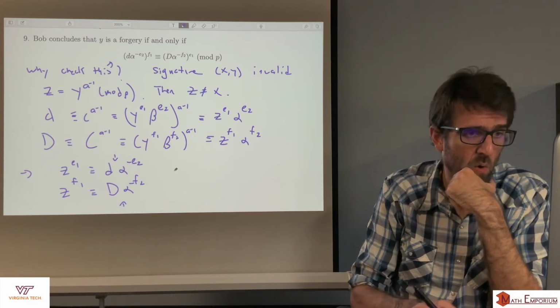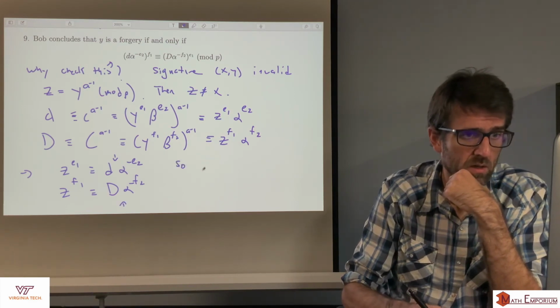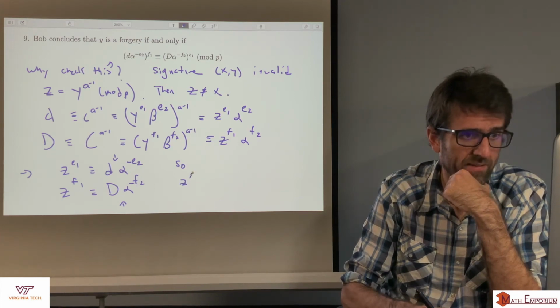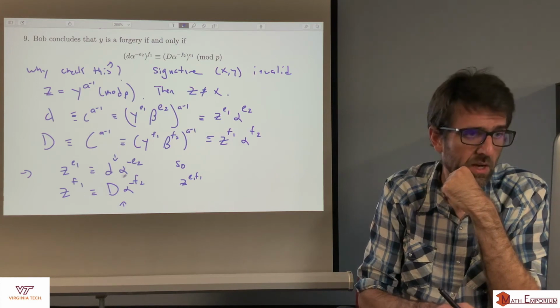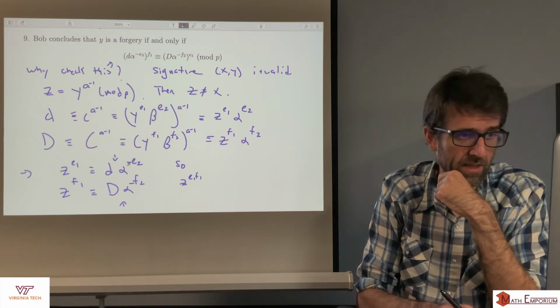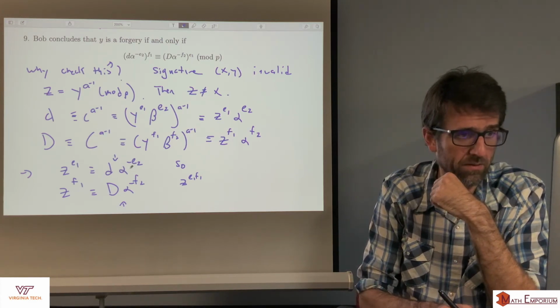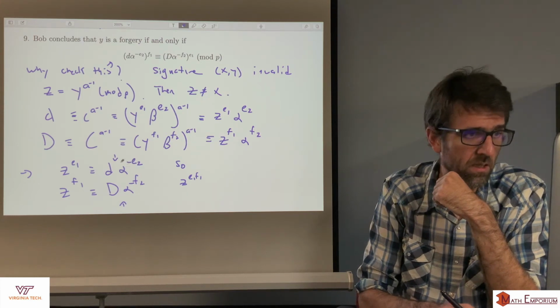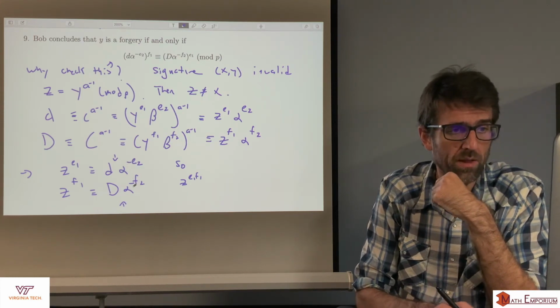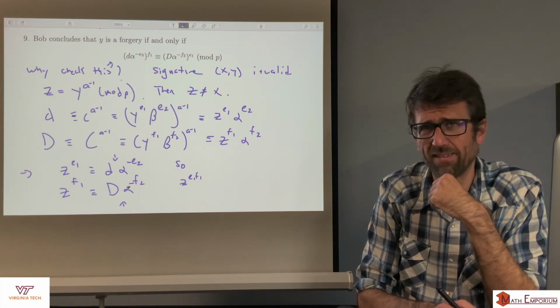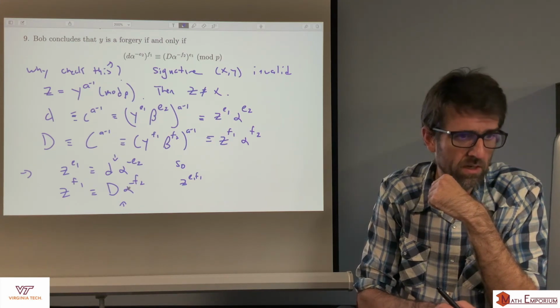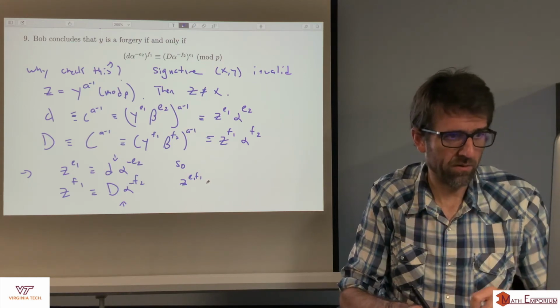So if we look at z to the e1 f1, I can obtain that in two ways: one by raising the right-hand side of the top congruence to the f1, the other by raising the right-hand side of the bottom congruence to the e1.